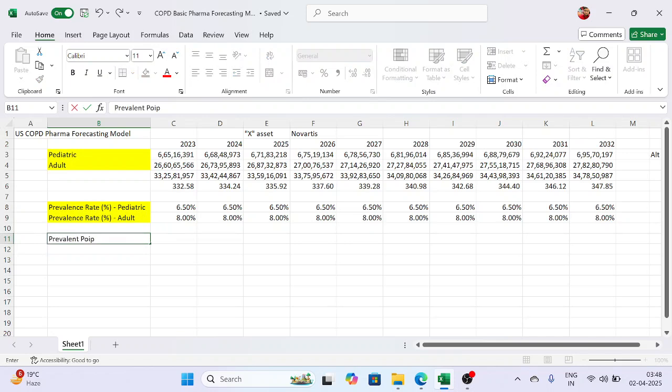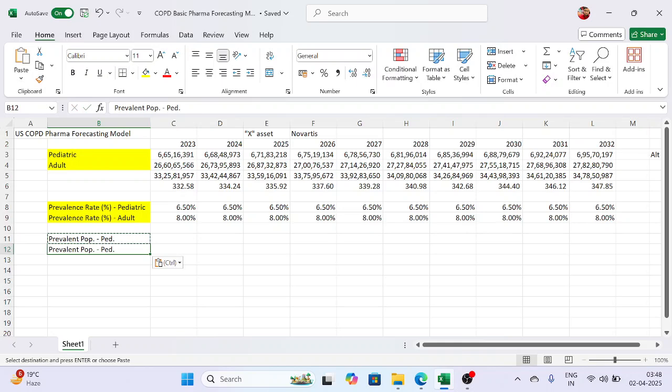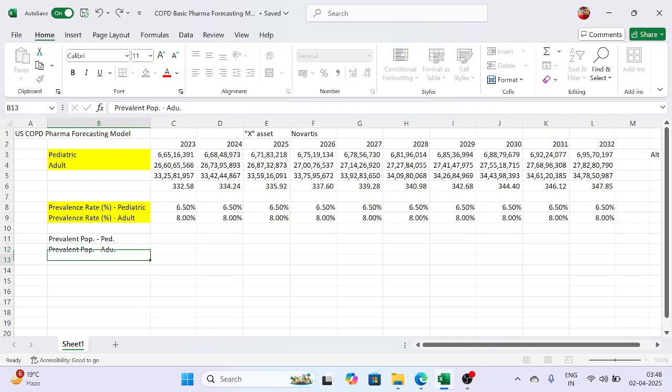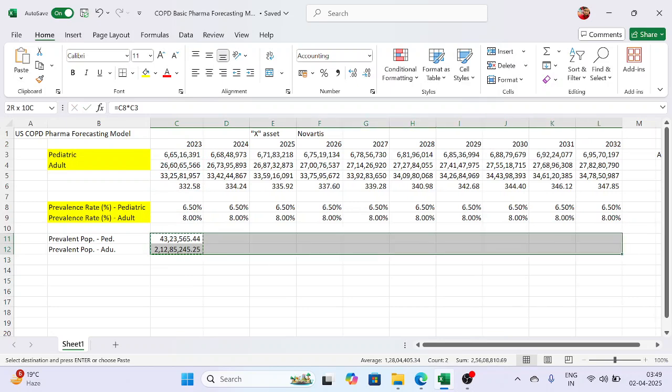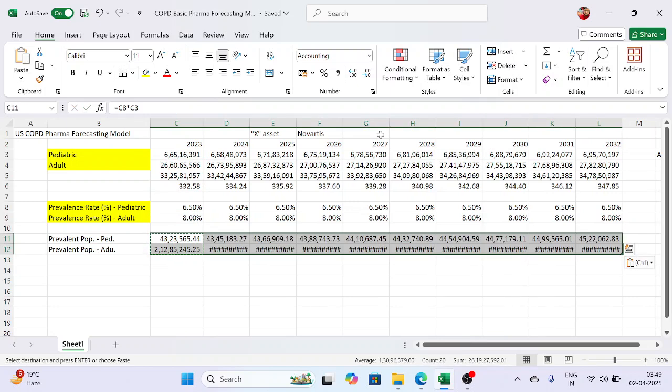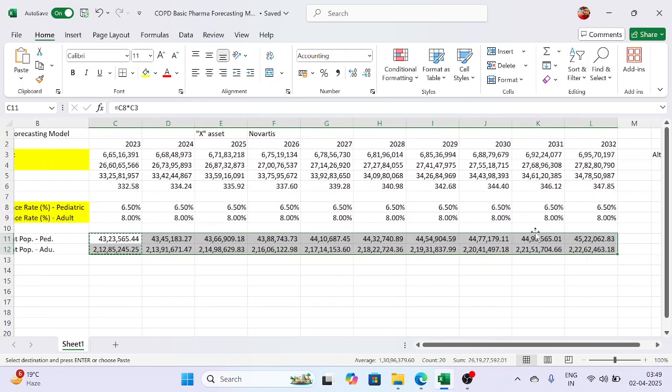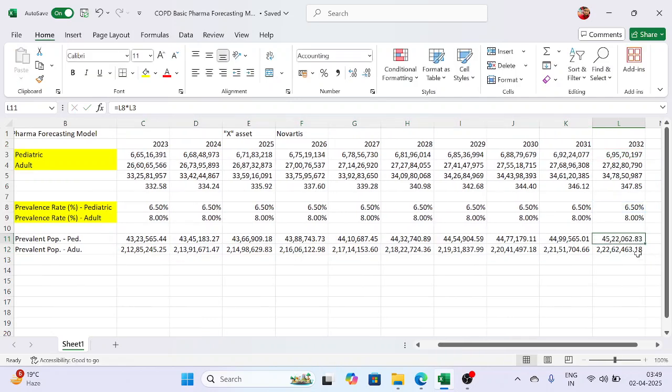Prevalent population pediatric, similarly prevalent population adult. So that will be 6.5% multiplied by this number, similarly this number multiplied by this number. So we will just stretch it, Alt HOI, and this is our number.